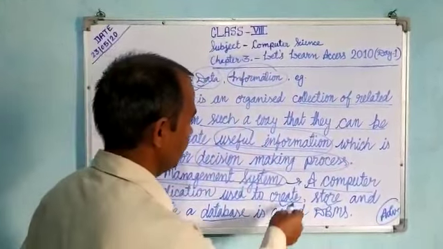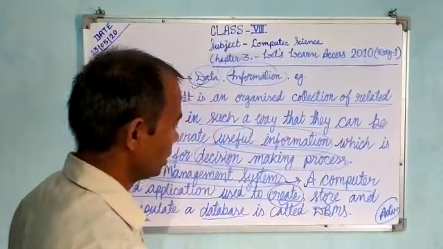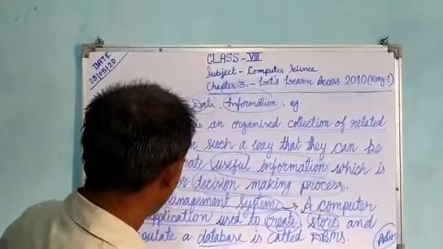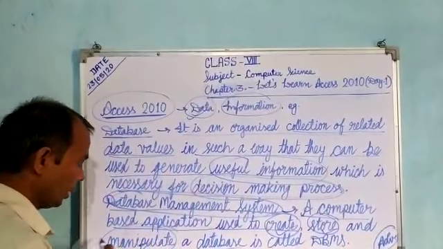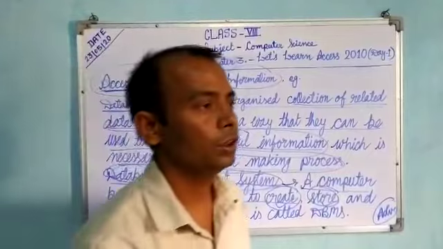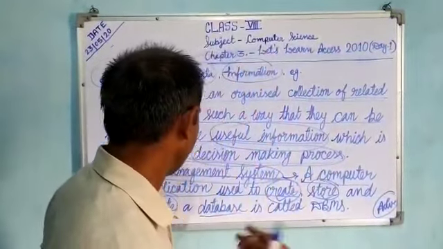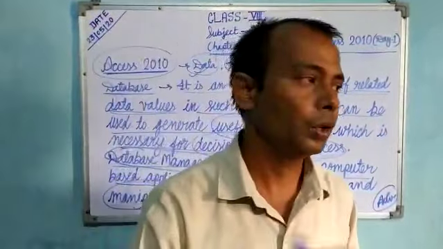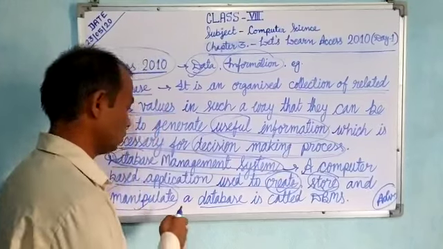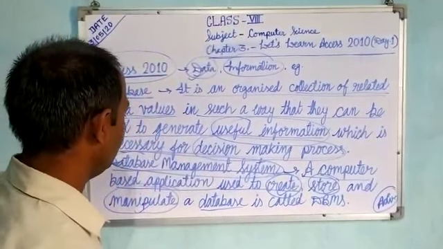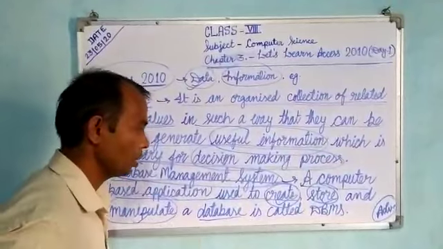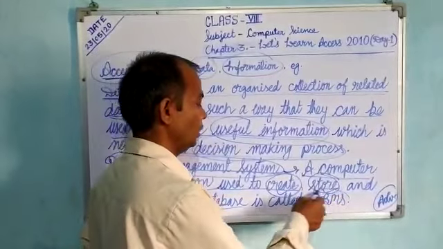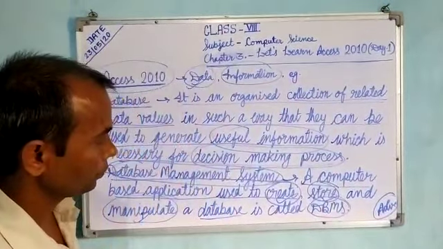So we create the database, and after creating it we store it for long periods of time, and after that, according to the scenario, the data is going to change. So we have to delete some data, we have to add some data, so we have to do manipulation, changing the data. So it easily helps in creating, storing and manipulating the data. So this is known as a database management system.